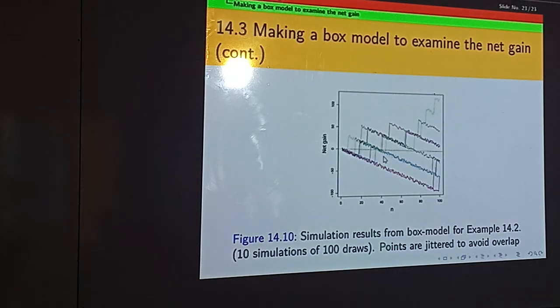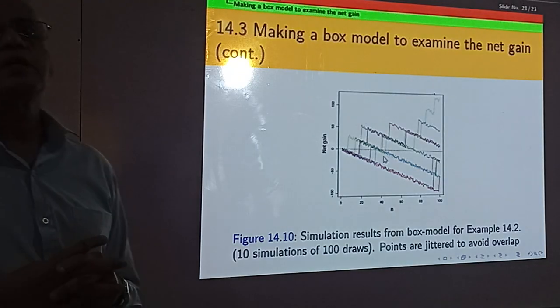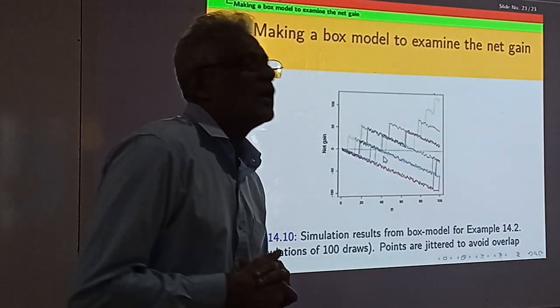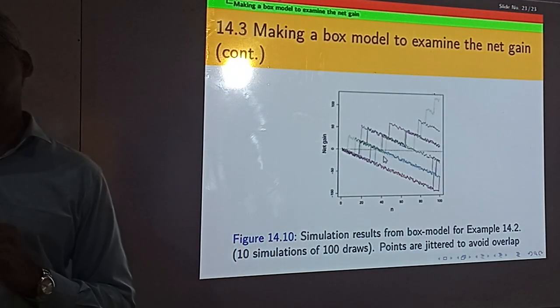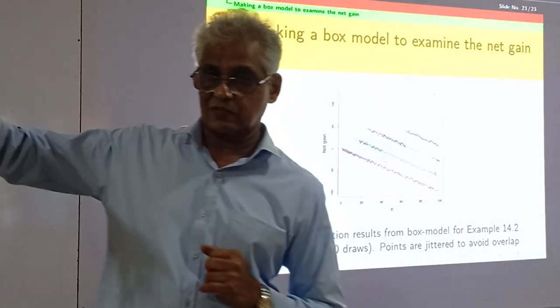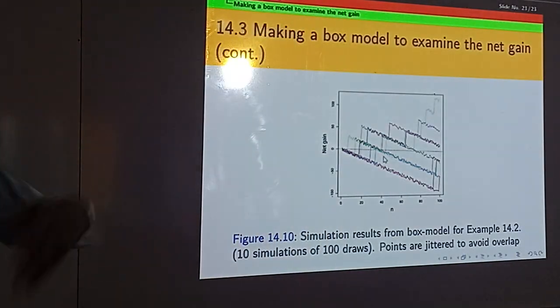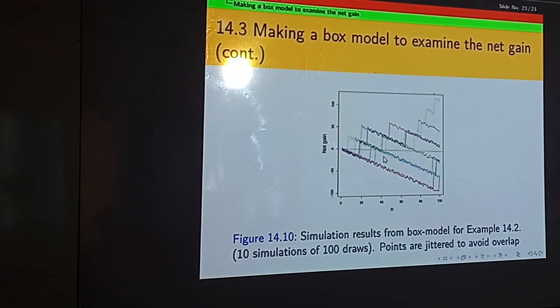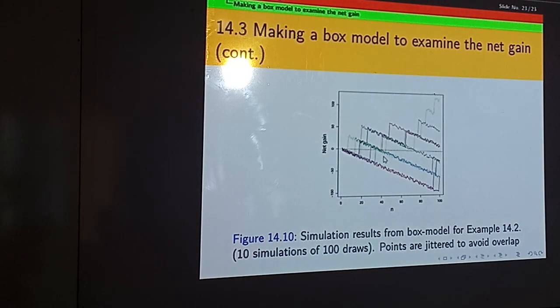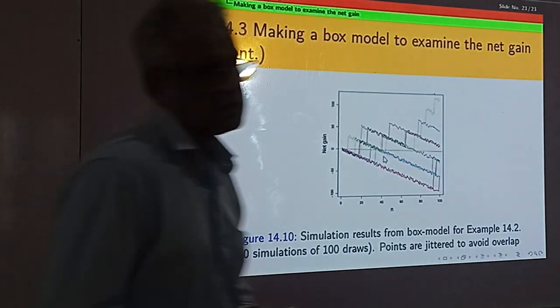In that chapter, what they discussed was the law of large numbers. That is, one thing is the average when you are taking a sample from a population. The sample mean converges to the population mean as the sample size increases. That is one thing that you learn. And the other one is that you can model the total gain of a chance game, these are called chance games, by using a box called the box model.